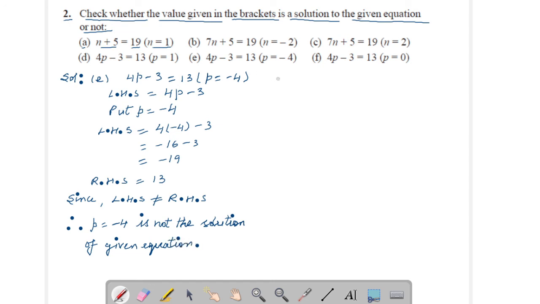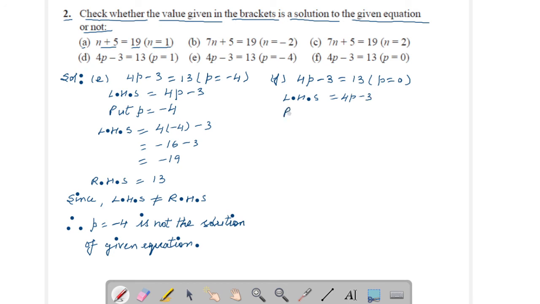Now come to F part. 4p minus 3 equal to 13. p equal to 0. Here see left hand side, it is 4p minus 3.